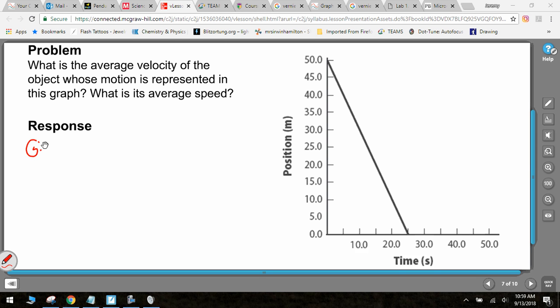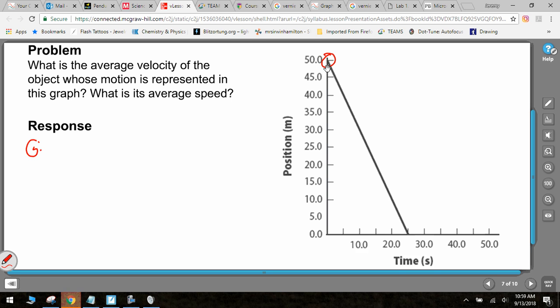That's your given. So on this graph, what I'm going to do is I'm going to pick two pretty points. So this one right here is a pretty point because I can tell exactly where it's at. It's at exactly 50.0, and the time is 0.0, right?